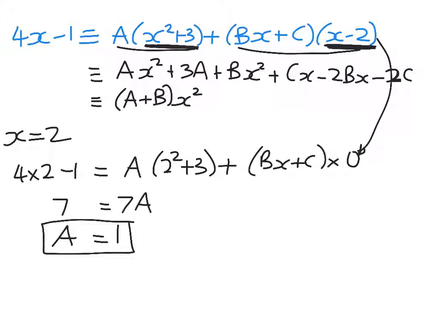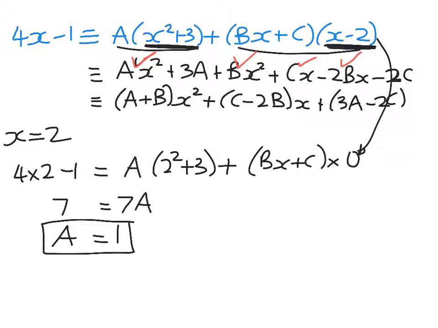So this is actually pretty easy once you've got the hang of it. It's just working with like terms. So there's C minus 2B x, so let's just go back and tick off which ones we've used. Right, it's good to have some kind of system for this. And lastly, my constant term will be 3A take away 2C. So they're all done.